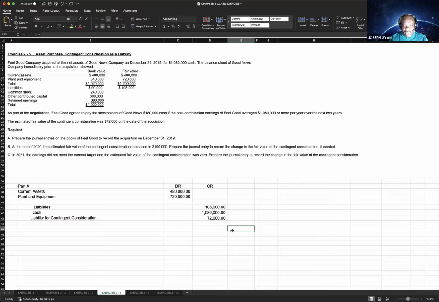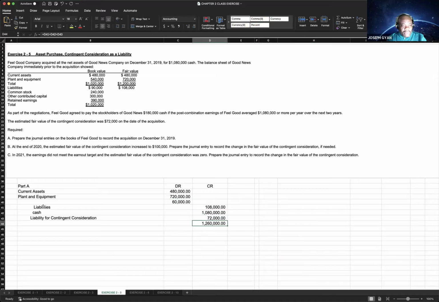The value was 72,000. Now we have to look if there's a goodwill or not. So if we add these two numbers, this is equal to this plus this one. The credit side equals this plus this, or the sum is the same thing. Which means that the goodwill here is 60,000, because the difference here is 60,000.